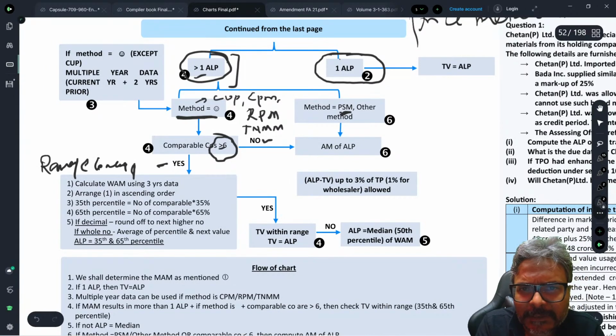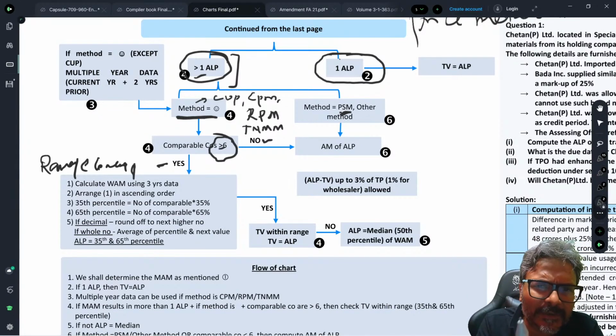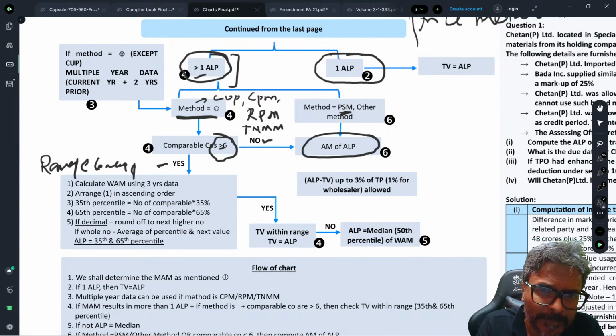And if the comparable size is less than 6, then what we do? We do the arithmetic mean. AM is the arithmetic mean of the ALP. The arithmetic mean of the ALP is what needs to be taken into account in this context. It's an average. You will do the average of the ALP.